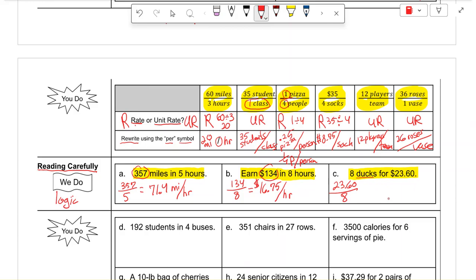You've got to make the right decision on what kind of unit rate you're looking for. So $23.60 divided by 8 is $2.95. So we'll add our dollar sign and we'll say duck. $2.95 per duck.